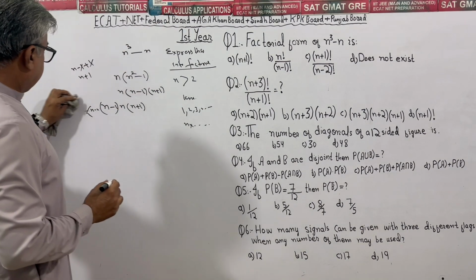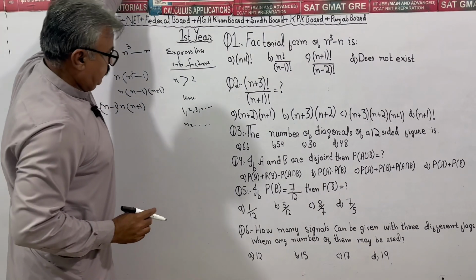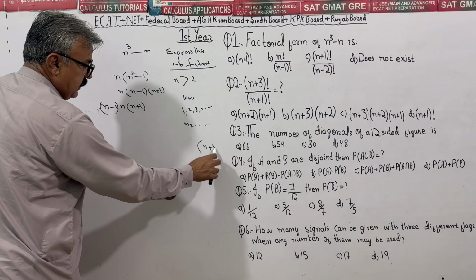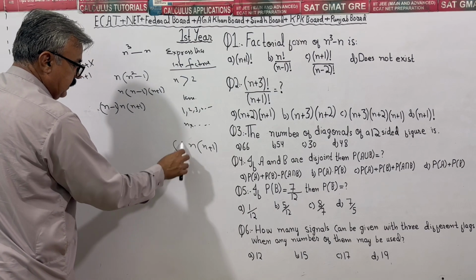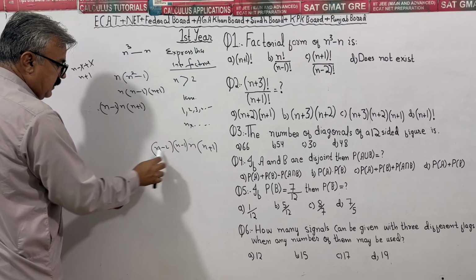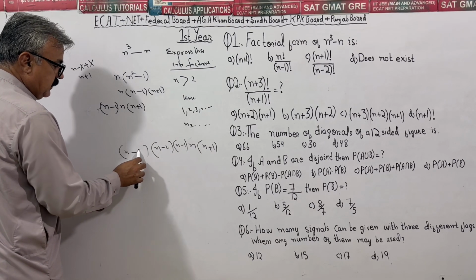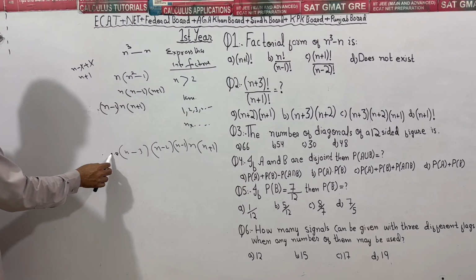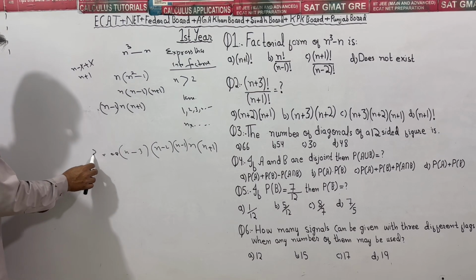Let me write here in a good fashion: n plus 1, in the reverse fashion n, n minus 1, n minus 2, n minus 3, and so on, three dots, the standard dots to show continuity.